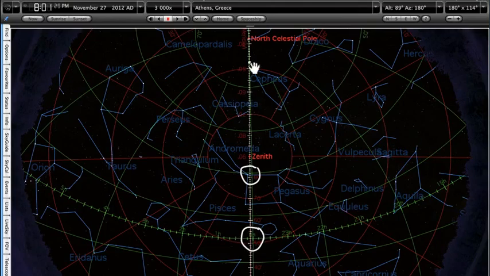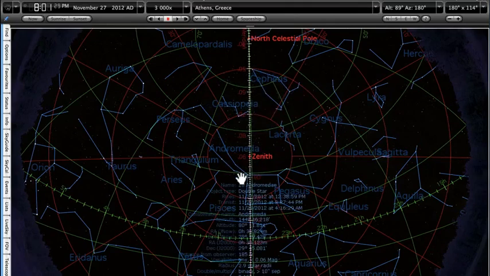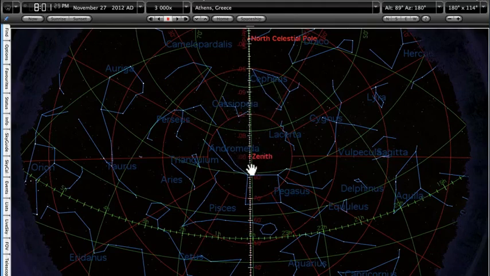Where will it be along the local meridian? Well, this is where Alpheratz's declination comes into play. Alpheratz is at a declination of 30 degrees. Our zenith, we said, because we are in Athens, is always at a declination of about 37 degrees.